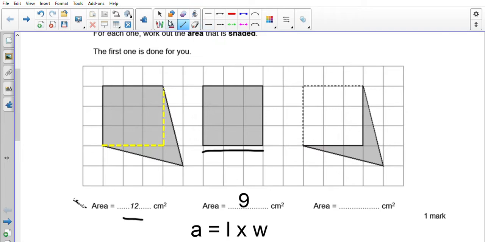If the square in the middle is 9 centimeters squared, it means that this odd shape on the outside, which is actually an irregular quadrilateral, this shaded bit here, is whatever's left between 12 and 9, which means it's simply going to be 3 centimeters squared. You don't have to count it, you don't have to work out any odd angles or areas of triangles or anything like that. It's simply the difference between 9 and 12 to get you that answer of 3.